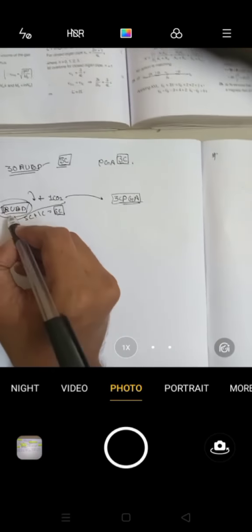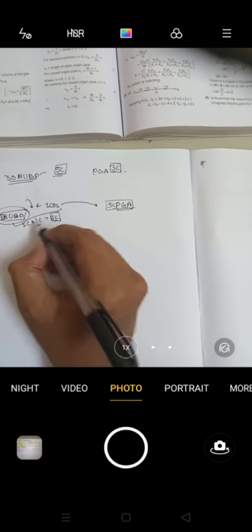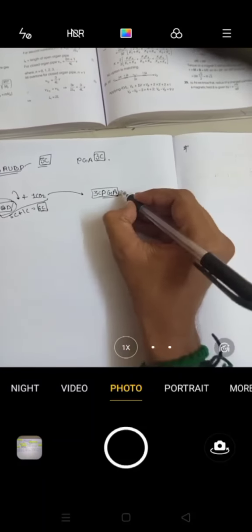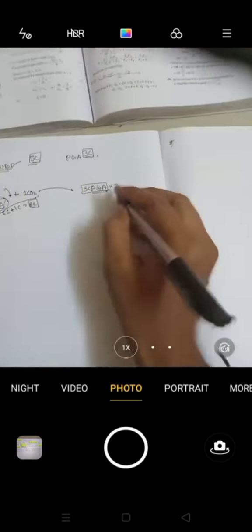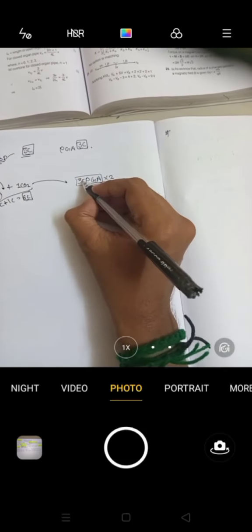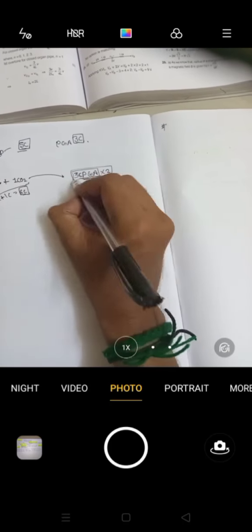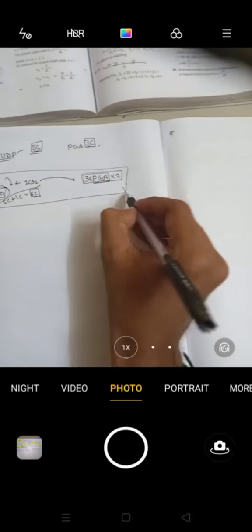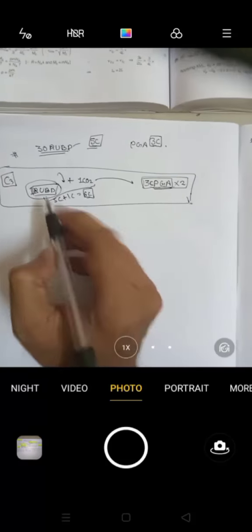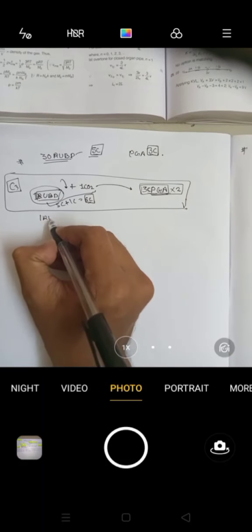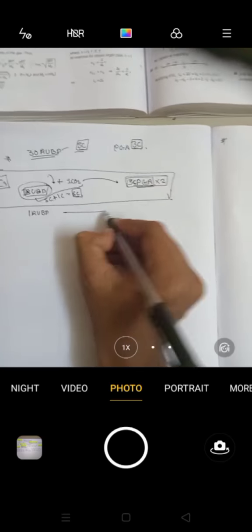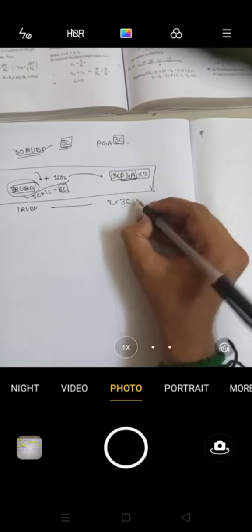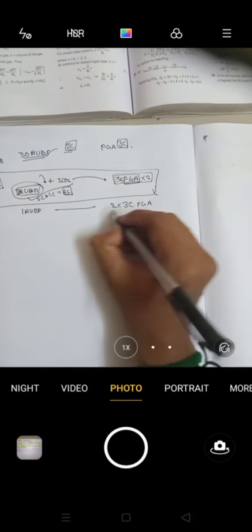Today we know that one RuBP, a 5 carbon compound, plus 1 carbon compound, gives a 6 carbon compound, and we get two molecules of 3 carbon containing phosphoglyceric acid. So based on this concept, we can say that one RuBP gives us two 3 carbon containing PGA, correct?